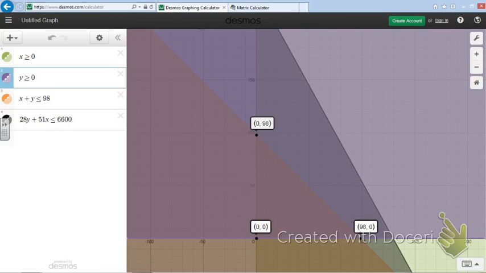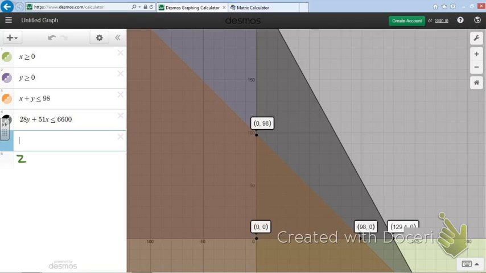My objective function was Z equals 93X plus 21Y. Honestly, you don't really have to try 0, 0 out. We know if I put 0 in for X and 0 in for Y, he's not going to make any profit because he didn't sell any items. So I am going to try out, however, 0, 98 and 98, 0.